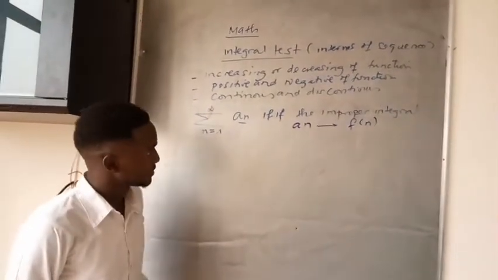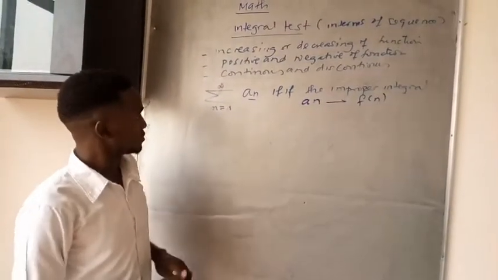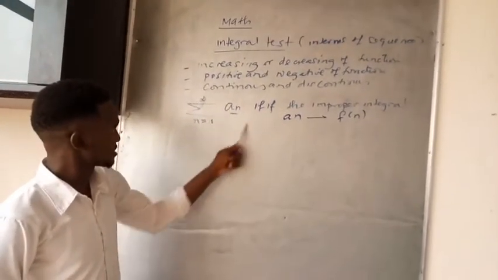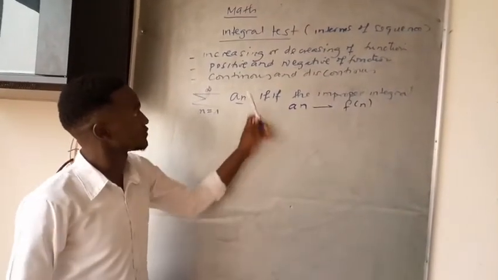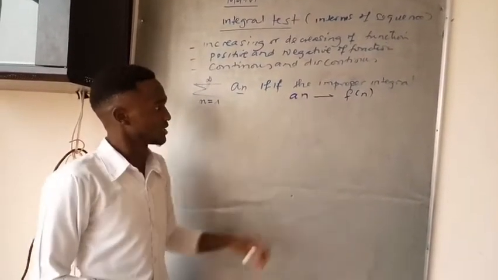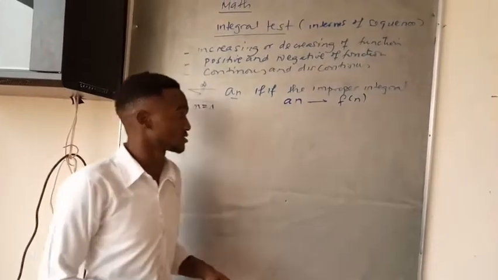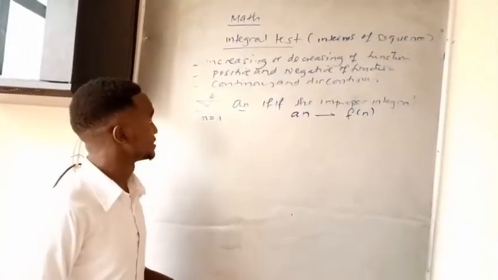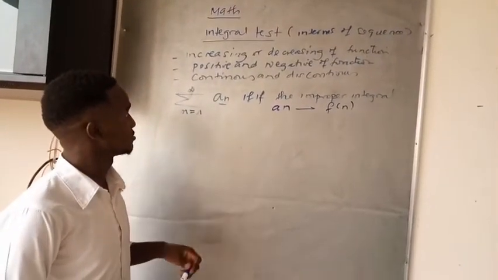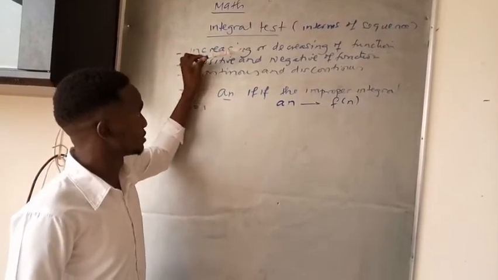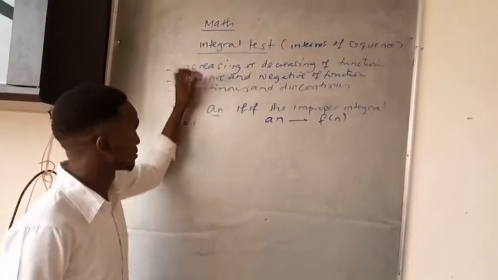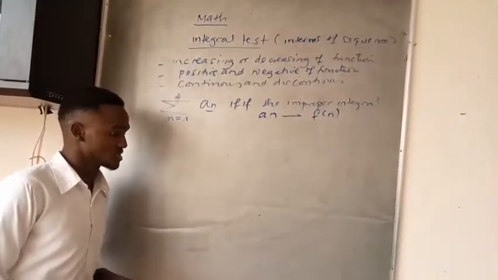Here we are going to use this system of sequence in terms of f of n, where f of n can be expressed in terms of x or y or any letter, and then we work out how to find the integral test of the sequence series.